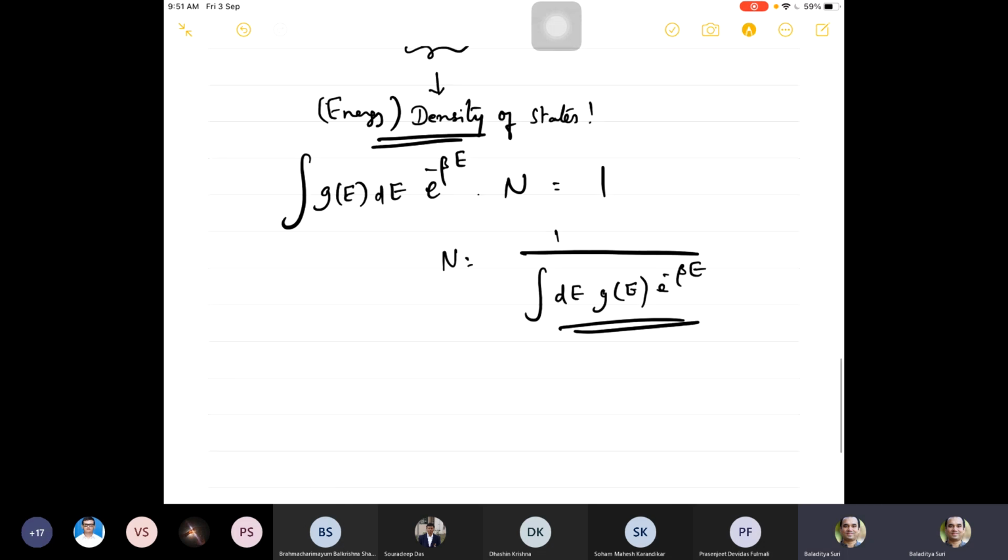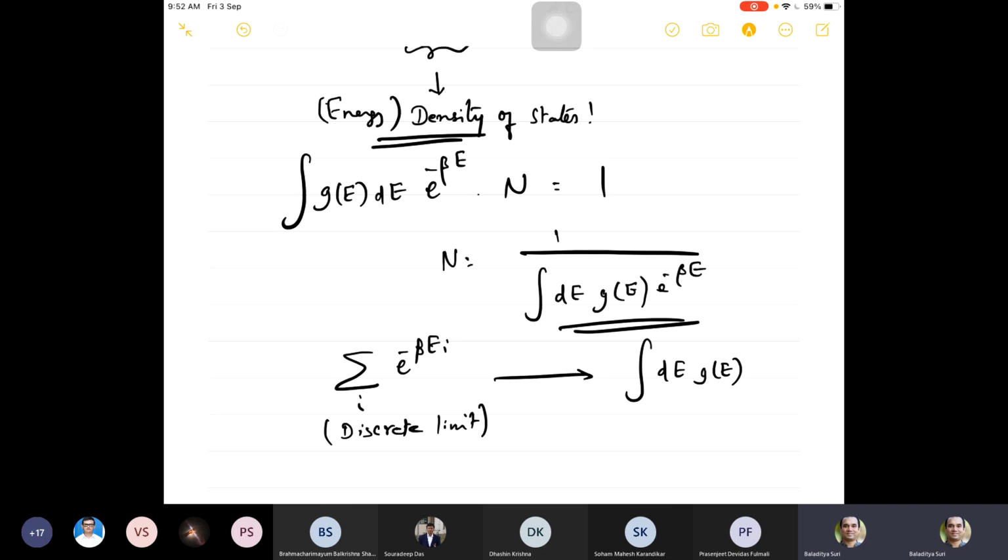This expression that we wrote here is exactly equivalent to, so when we wrote summation over all states i e to the power of minus beta E_i, this is in the discrete limit. This goes to integral dE G of E e to the power of minus beta E. So whenever you take a summation over all these, the i are distinct states of the system. Okay. These i are distinct states of the system.